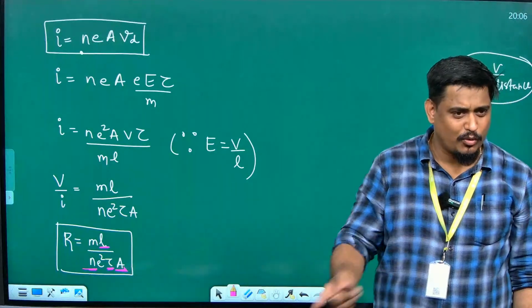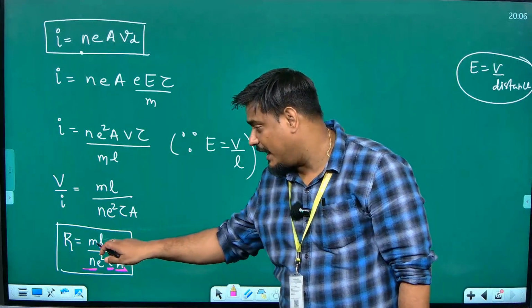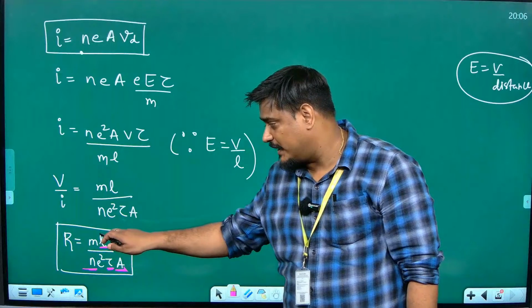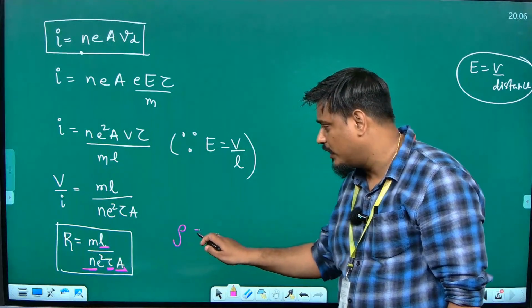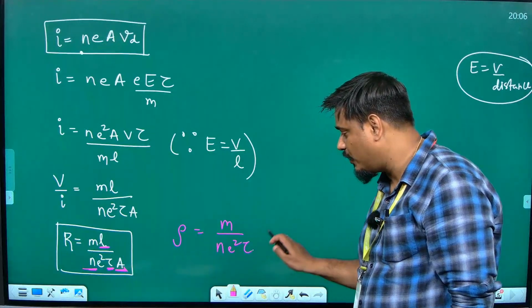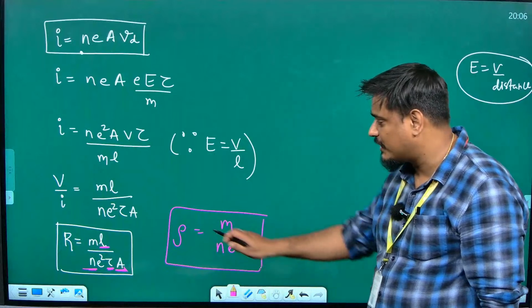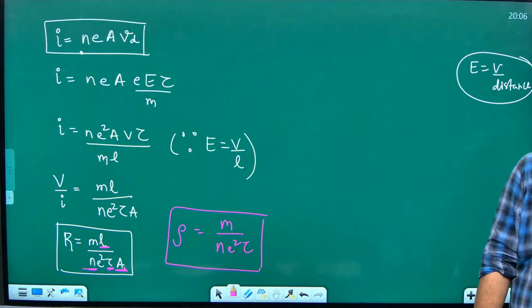I hope you understood all these things. And since this M, this L by A is there, from here I can write rho is equal to M by N E square tau, because resistivity is independent of length and area of cross section.